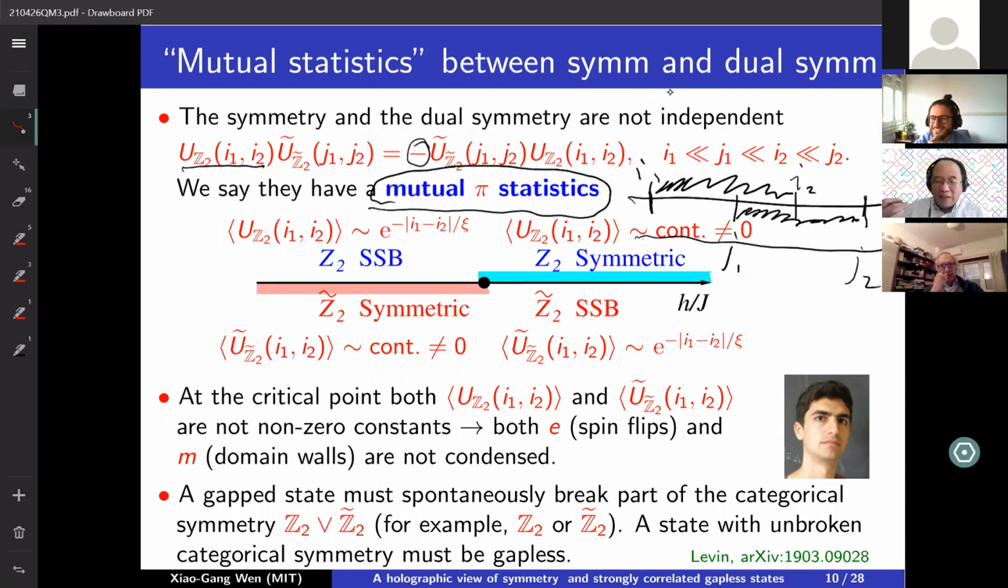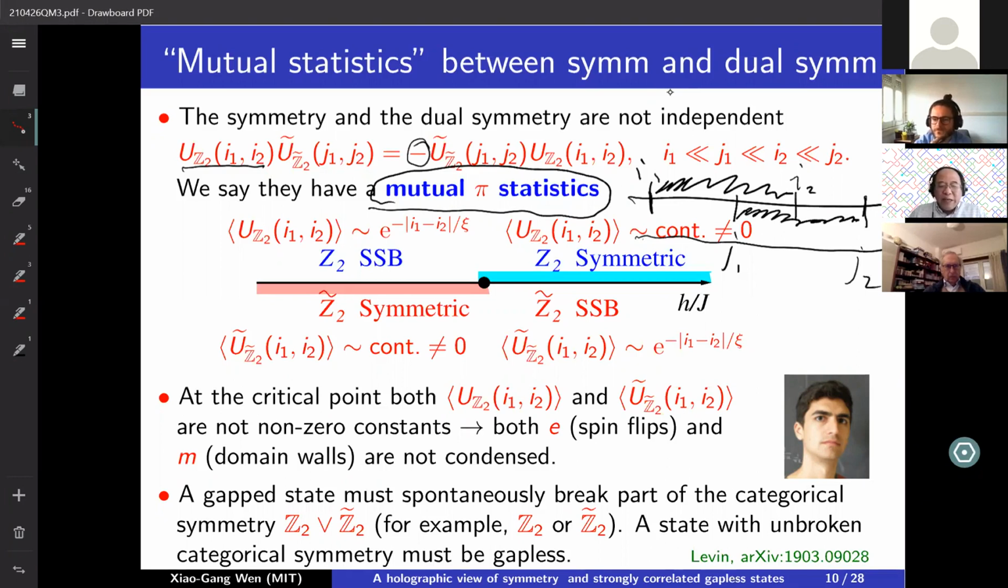So this is the situation. Right now we try to entertain ourselves: can this symmetry with non-trivial mutual statistics have a very strong close tie to gapless states, and can it be viewed as a natural label for gapless states? If that is true, then we can use this kind of symmetry to systematically study gapless states.